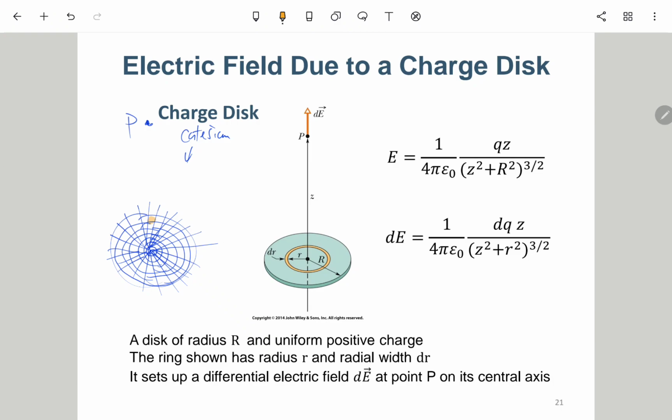But hopefully, if we make use of the previous knowledge, we can consider this thing as the E field generated by a ring. So we can separate this into many rings with different radius.